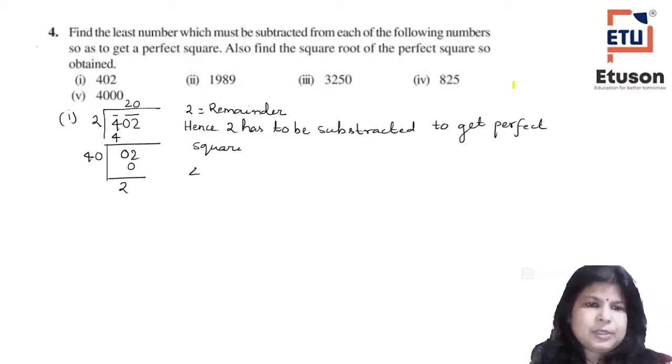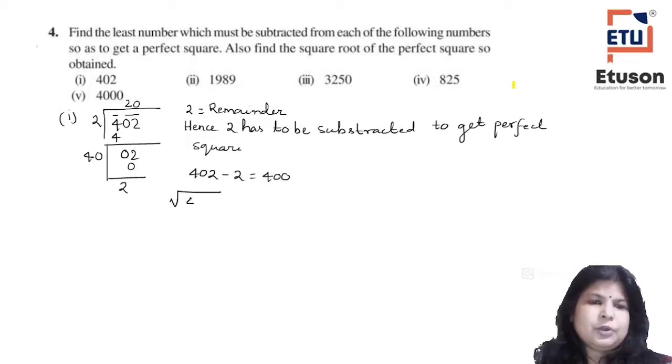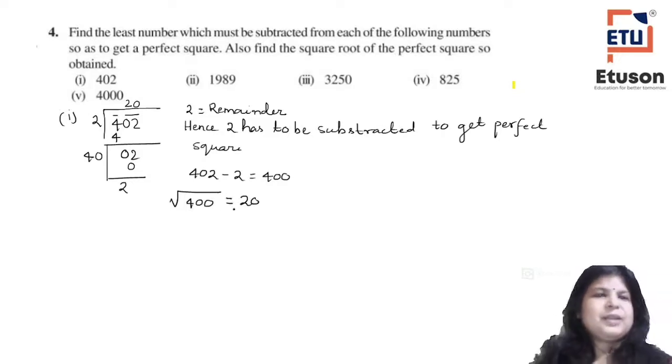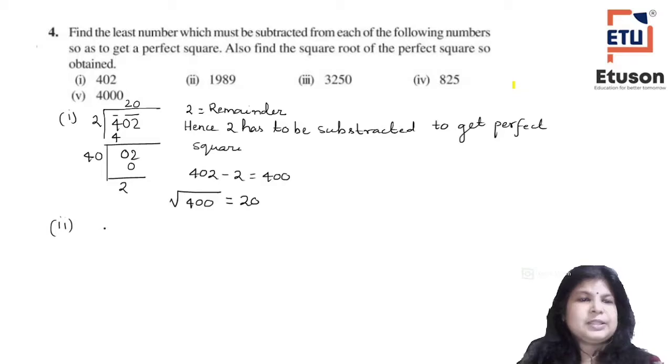So after subtracting what you will get? 402 minus 2, it is 400 and square root of 400 is equal to 20. Correct or not? So 400 is a perfect square and square root of it is 20.